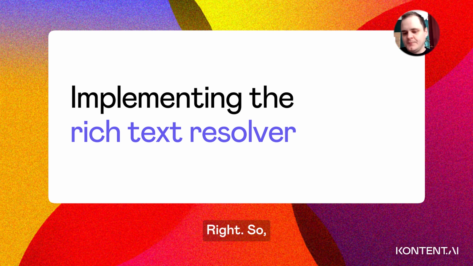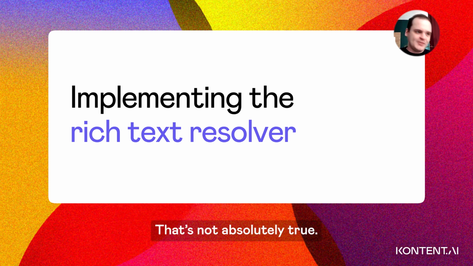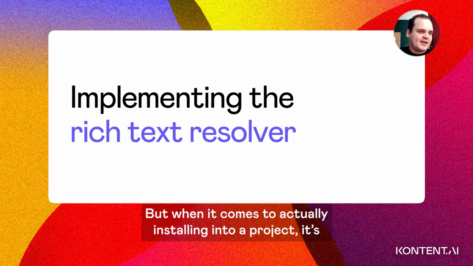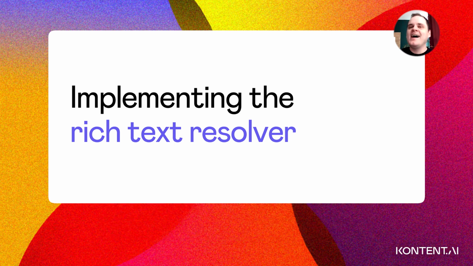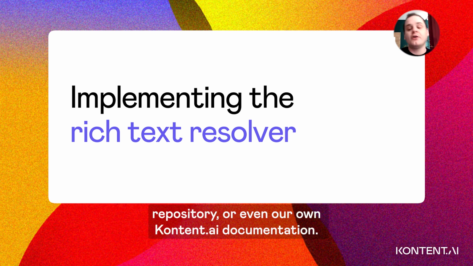Right. So I believe that we mentioned that the resolver is platform agnostic. That's not absolutely true. It's still a TypeScript tool, so it's primarily intended to be used in TypeScript or JavaScript applications. But when it comes to actually installing it into a project, it's as easy as installing the module from NPM using your preferred package manager, and then following the instructions outlined in the repository or even our own Kontent.ai documentation.